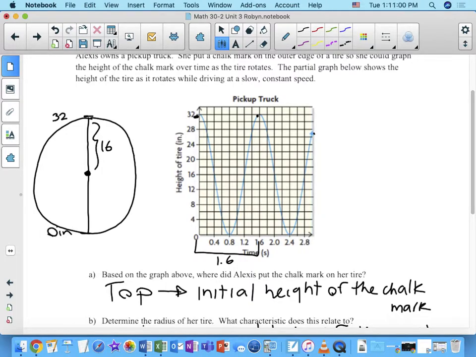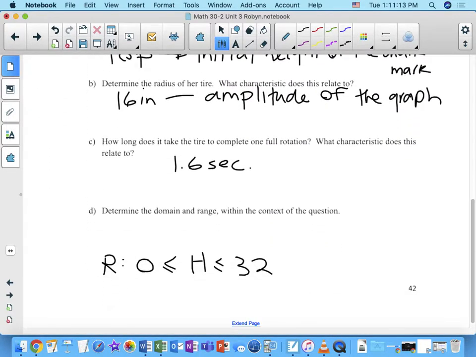What do you see? An arrow. So that she keeps doing this, right? This keeps going. It doesn't end. It goes on forever. So what that tells us in terms of our domain is that t is greater than or equal to 0. There's no end.